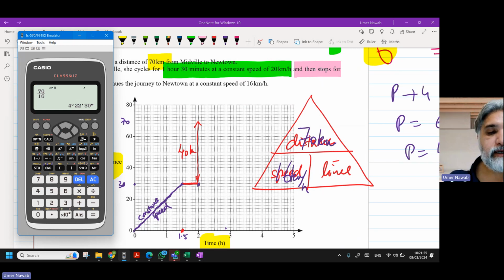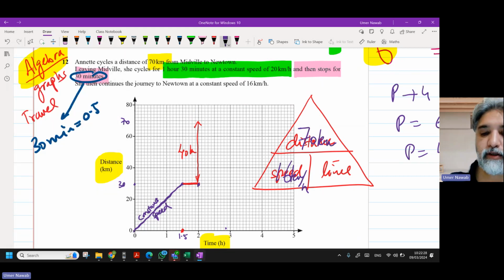So what I did, guys, 70 divided by 16, I think, let me check that. I got my answer 4.375. But when I look at my original question, I shouldn't write 70. I should write 40. Sorry, guys, 40. So 40 divided by 16 is 2.5.